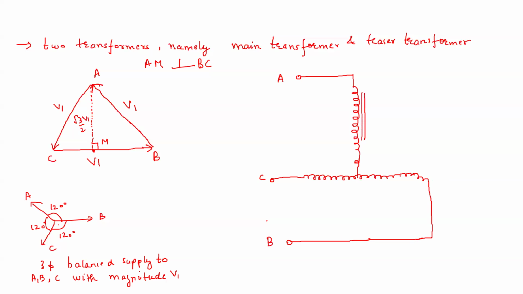This transformer is called the teaser transformer. Let me first draw the circuit, then you will understand. Let me draw the secondary side with another color so that it will be clear. This side I am representing as capital VA.